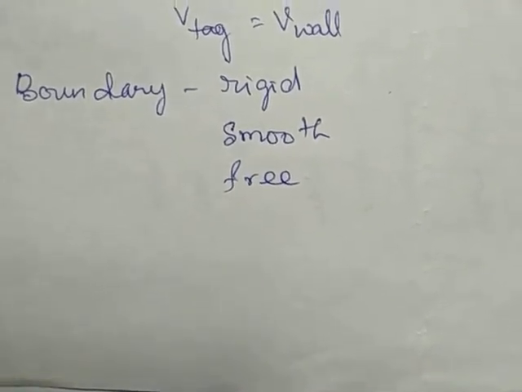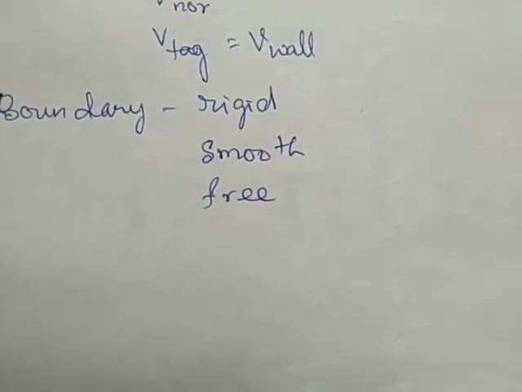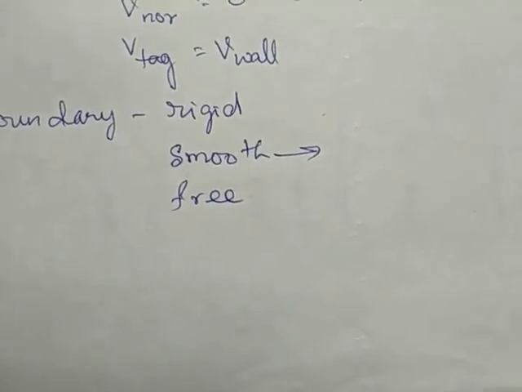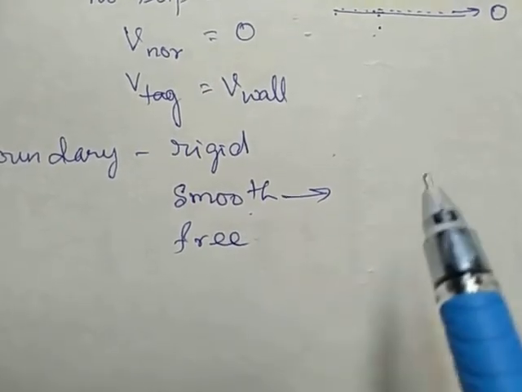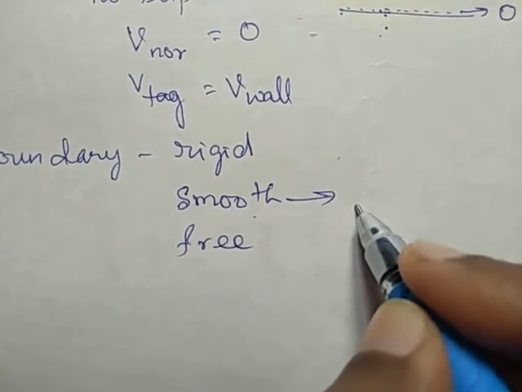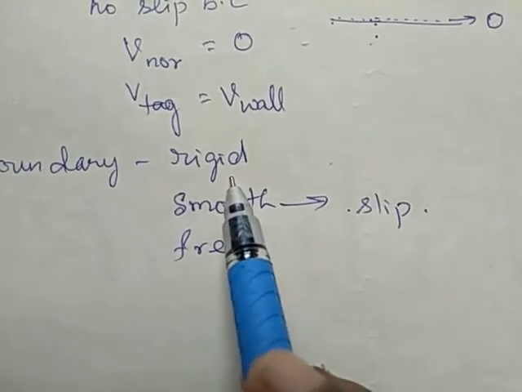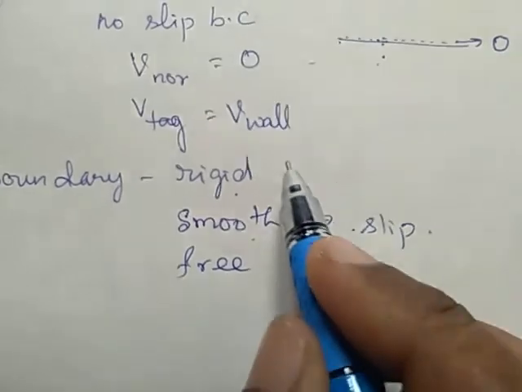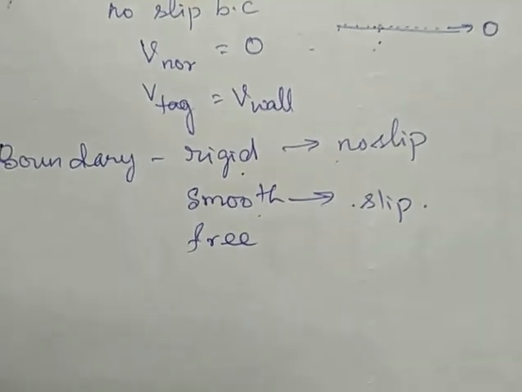Depending on the nature of the boundary, our boundary condition for velocity also varies. If the surface is smooth, the velocity of the fluid and the boundary are the same. This is known as slip boundary condition. And if the surface is rough, then the velocity immediately after the solid surface is 0. This is known as no slip boundary condition, which I have explained already.